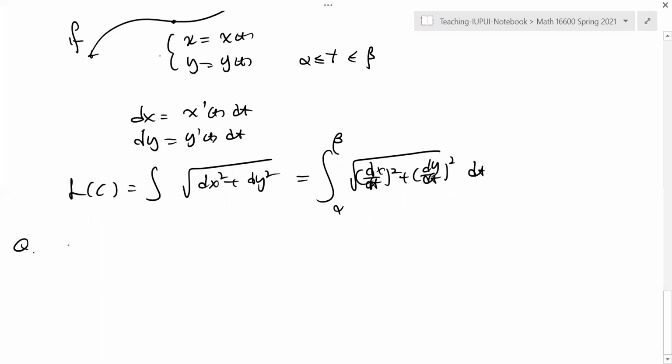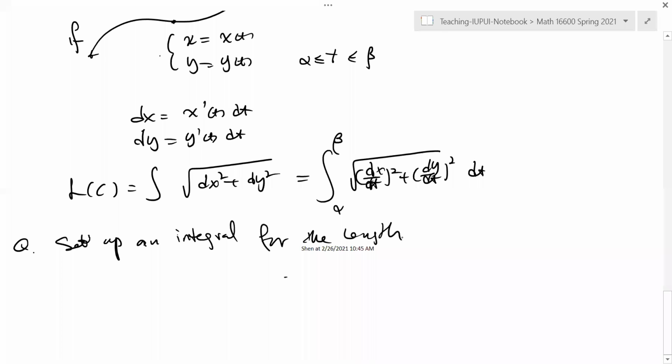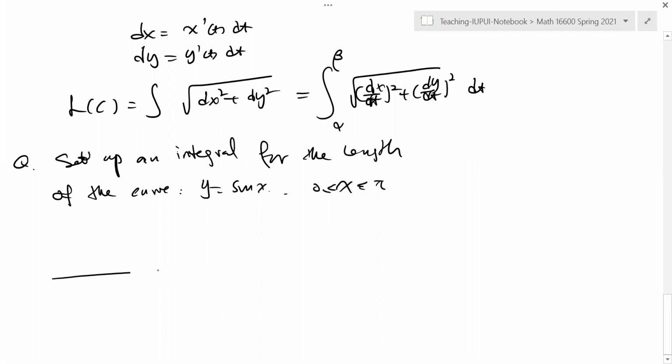Let's try to set up an integral for the length of the graph, as this graph is y equals sine x, where x is between 0 and pi. So I'm pretty curious about this sine curve.